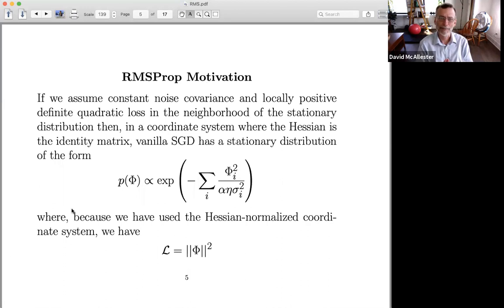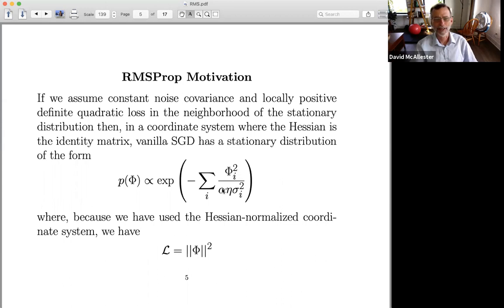I just want to say a little bit about the possible theoretical motivations for RMSProp. So when we did our temperature analysis, the stochastic differential equation computed the stationary distributions of SGD, we got a formula like this, that if you use vanilla SGD, the probability density, that is the stationary density under this stochastic differential equation model, has this form in a fairly general setting.